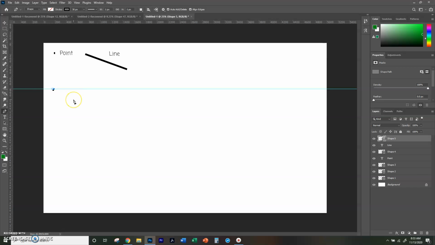Then somewhere over here, it doesn't really matter where, you're going to measure another 2 inches here. Try to keep your ruler as straight as possible. Measure 2 inches here and make another little dot here. So we've got 2 inches from the edge here and 2 inches from the edge here.